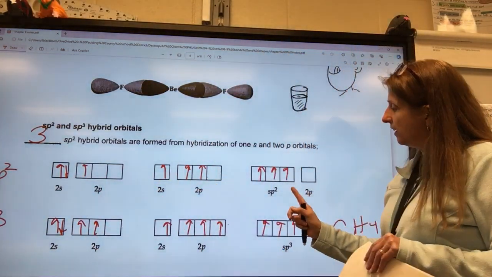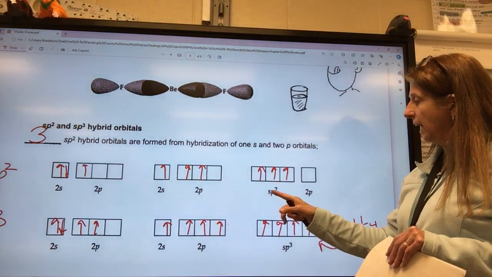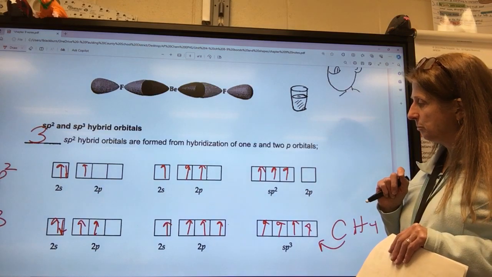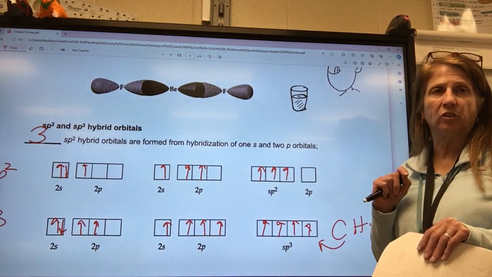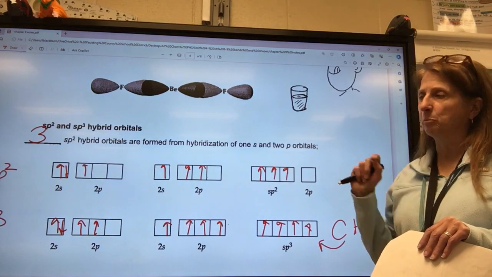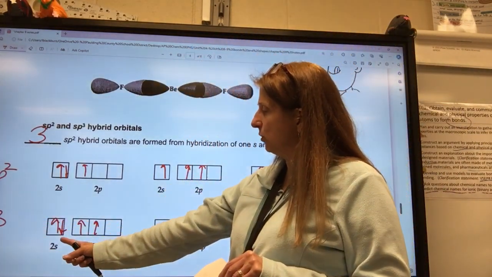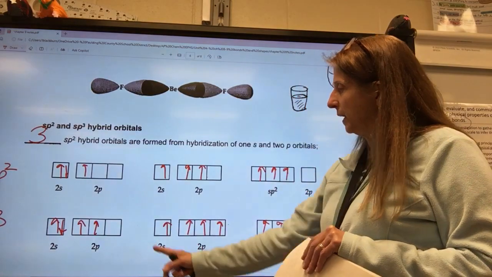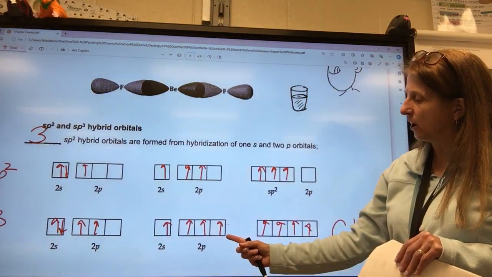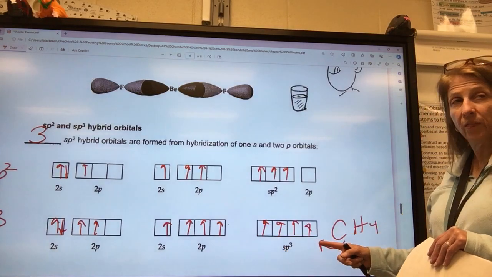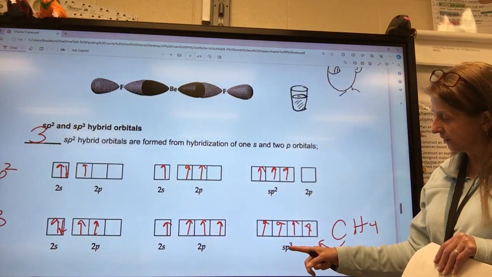So instead, you get 3 sp2 orbitals, and they are all beautiful and the same and symmetrical, ready to bond. Or what about if it says p3? Here you've got 2 in the 2s, 2 in the 2p, you promote one of those from the 2s, but then make them all the same, and this is sp3.